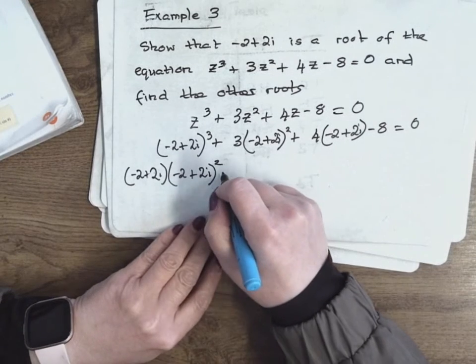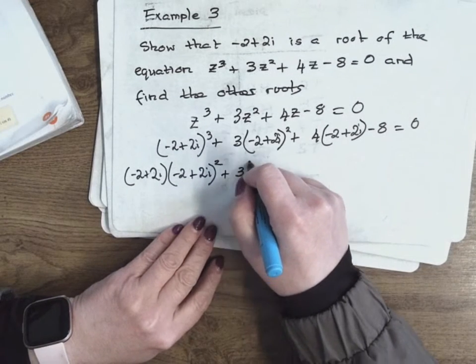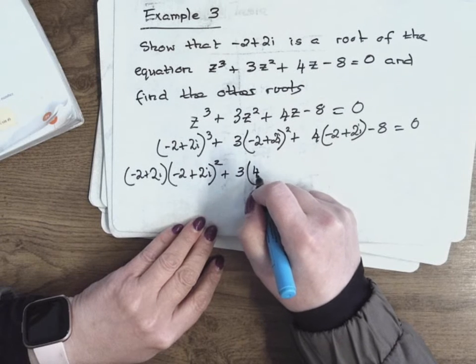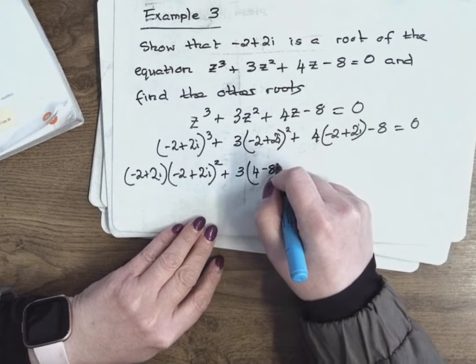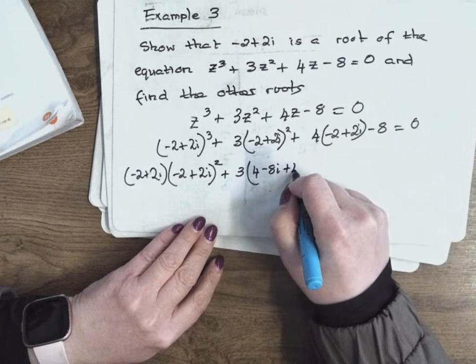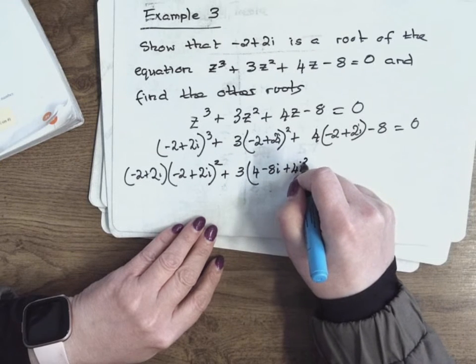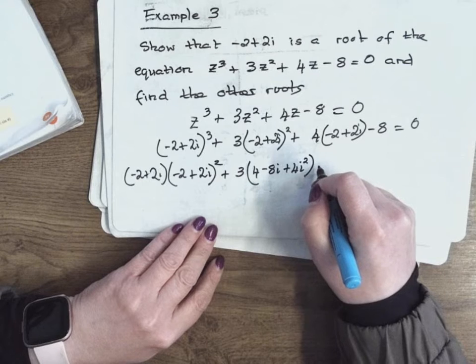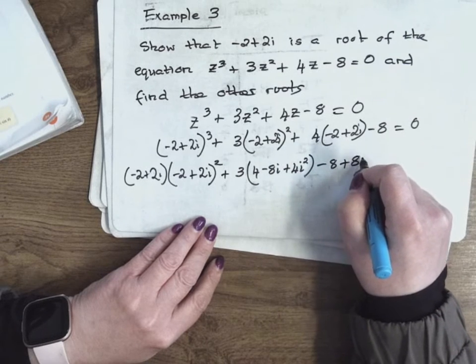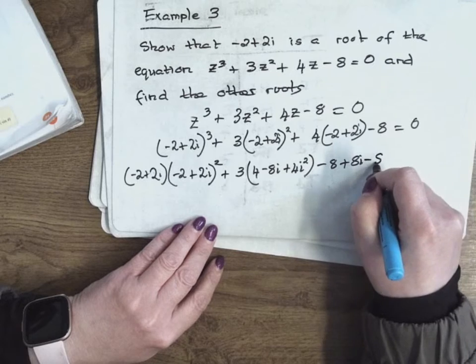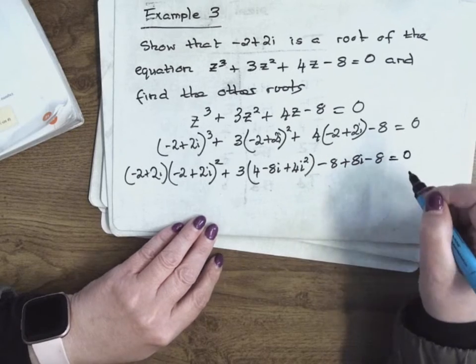Is that alright? Here I'm going to square the first: 4, twice the first by the second, which would be minus 8i, square the last would be plus 4i squared. Okay, here minus 8 plus 8i minus 8 equals 0.